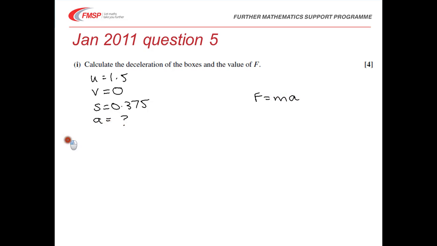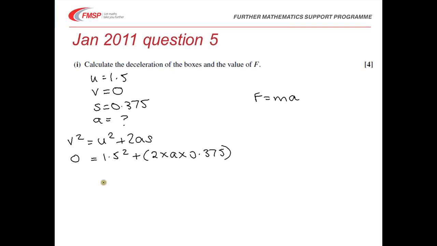So we're going to be using v squared equals u squared plus 2as. So 0 equals 1.5 squared plus 2 times a, which we don't know, times 0.375.